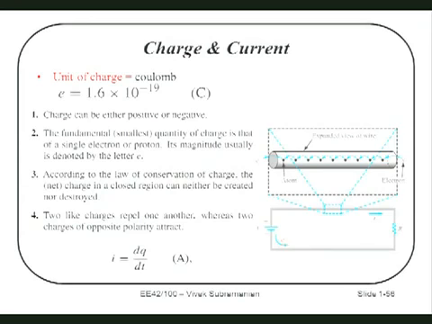Okay, E or Q. Now we get to a very important law that's going to be very useful for us throughout this course. According to the law of conservation of charge, in a closed region, a self-contained region, charge can be neither created nor destroyed.